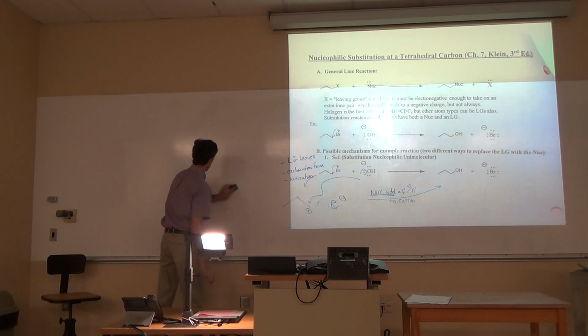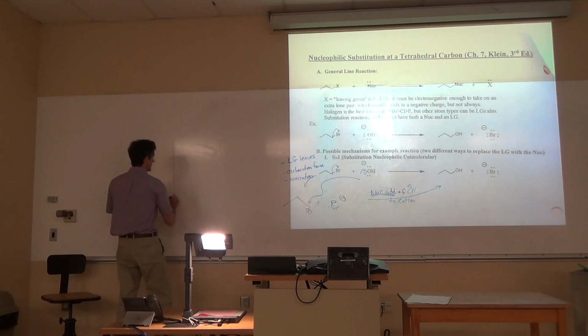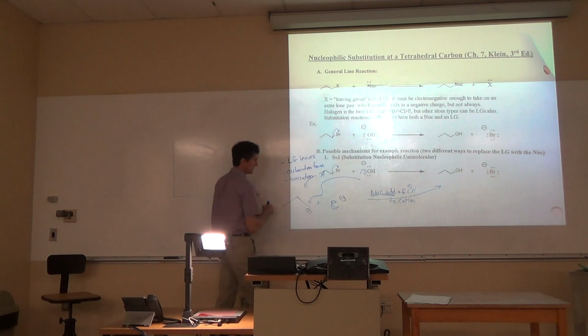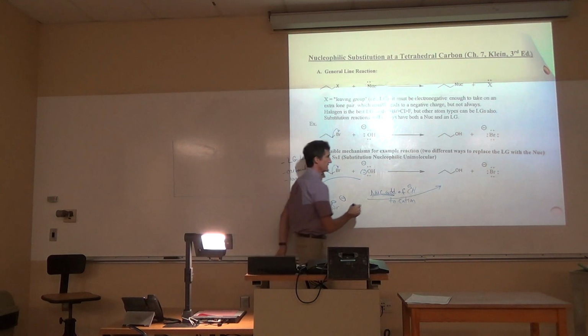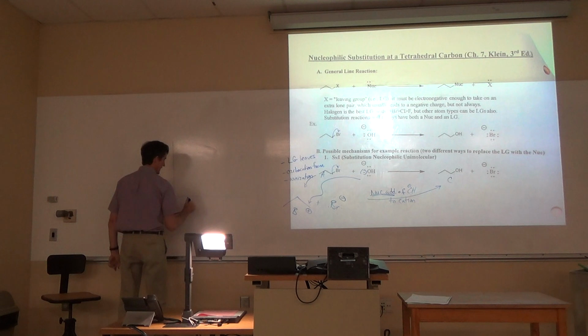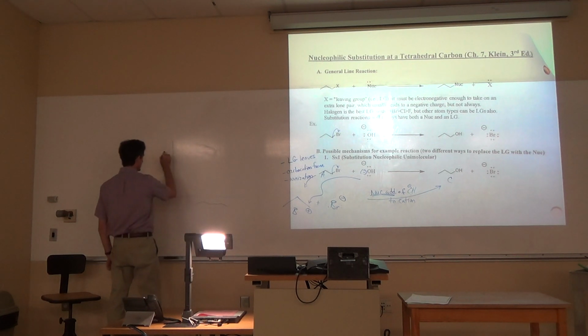Okay, reaction coordinate diagram. For our mechanism here, we start with A, the organic starting material. How many intermediates? One, it's called B, and then final product C. You should label these as usual.